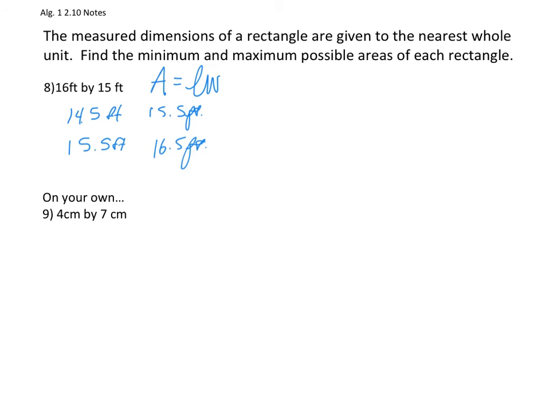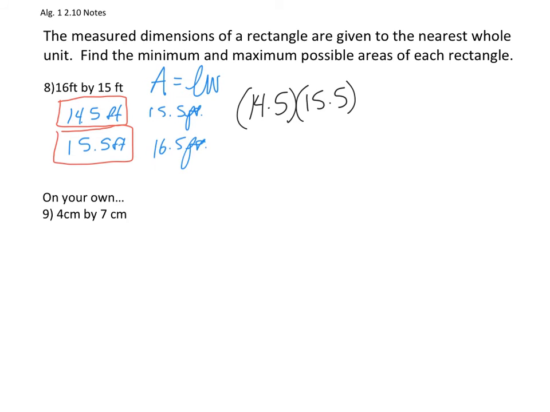All right. So basically, what can happen here is we can have a minimum area if we were to have the smallest measurements possible multiplied by the length and the width. So our smallest possible length and width are 14.5 times 14.5. So that is our setup for our smallest possible area.